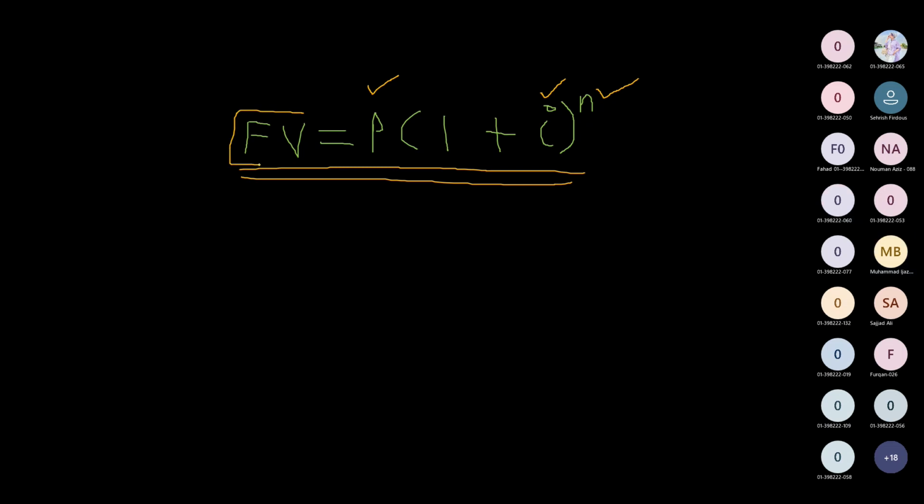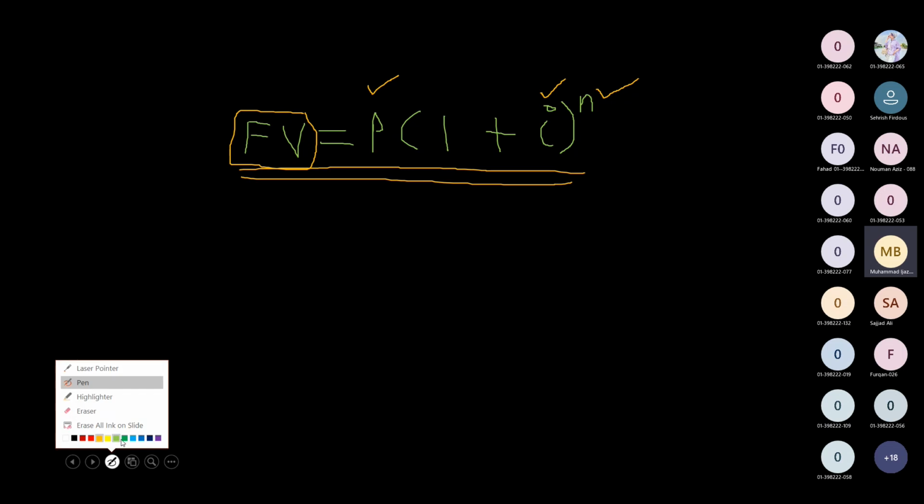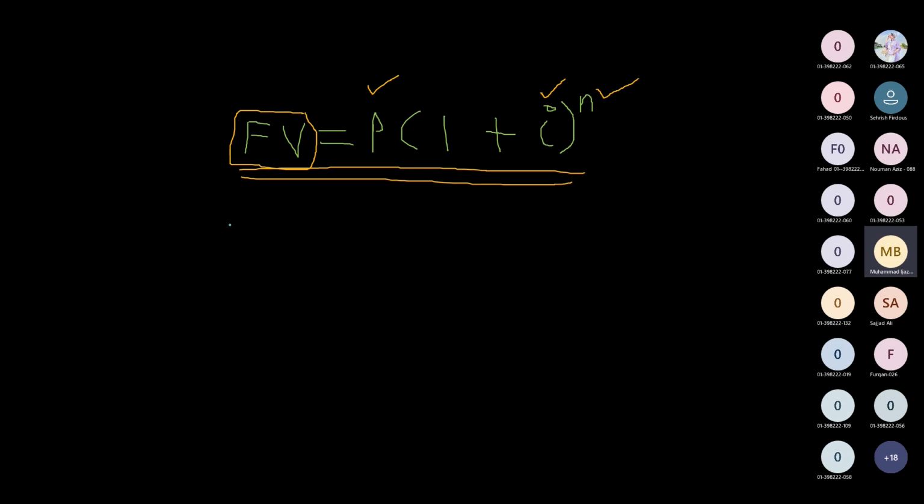That is the basic level question. The second could be that I give you the future value, the principal amount, and the interest rate, but I don't give you n, and I ask you to find n. This is a missing variable that you can find using basic mathematical rules.